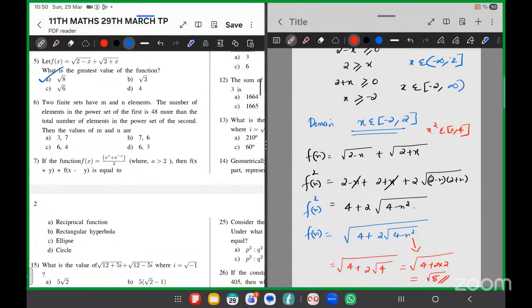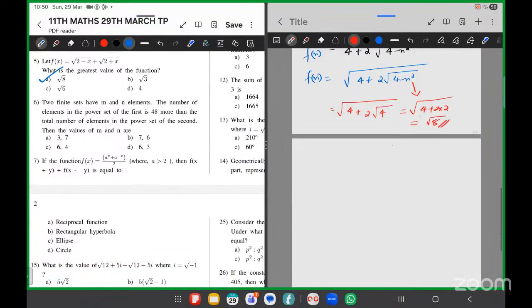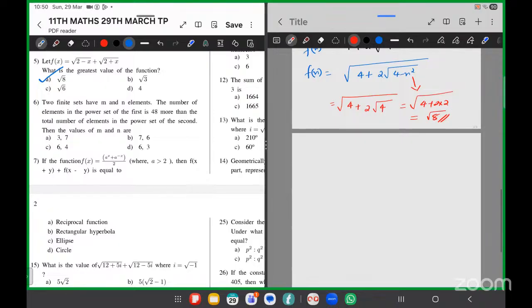The next question. Two finite sets have m and n elements. The number of elements in the power set of the first is 48 more than the total number of elements in the power set of the second. That means the number of elements in the power set of A will be 2 raised to m, and in the power set of B will be 2 raised to n.